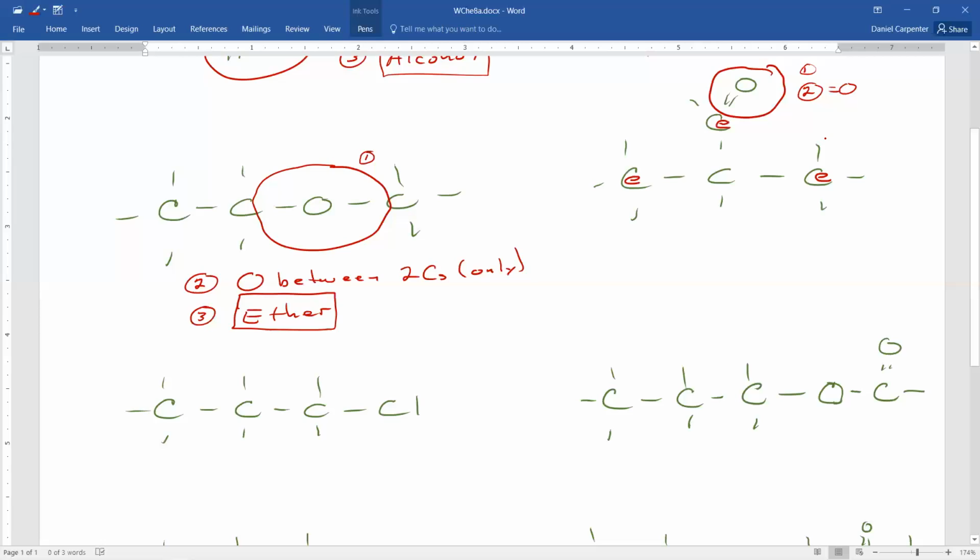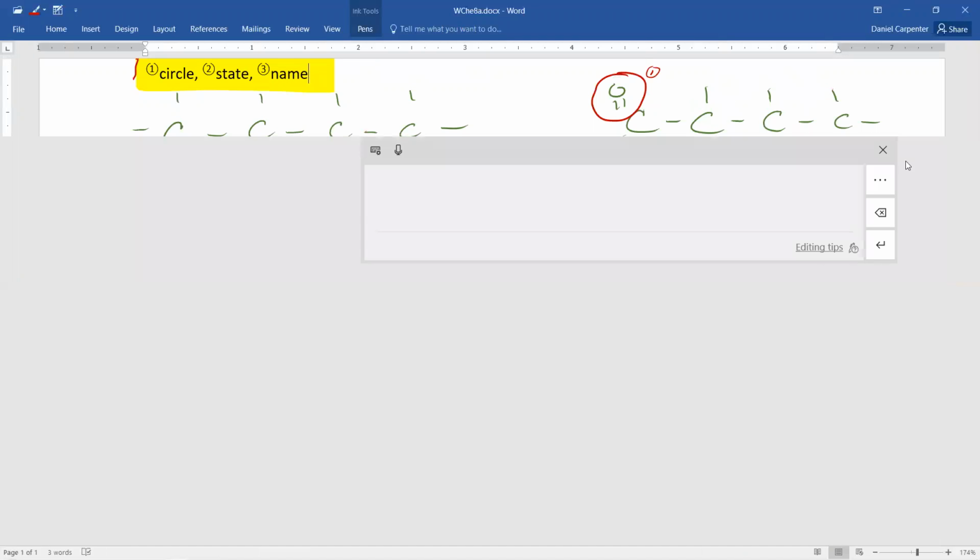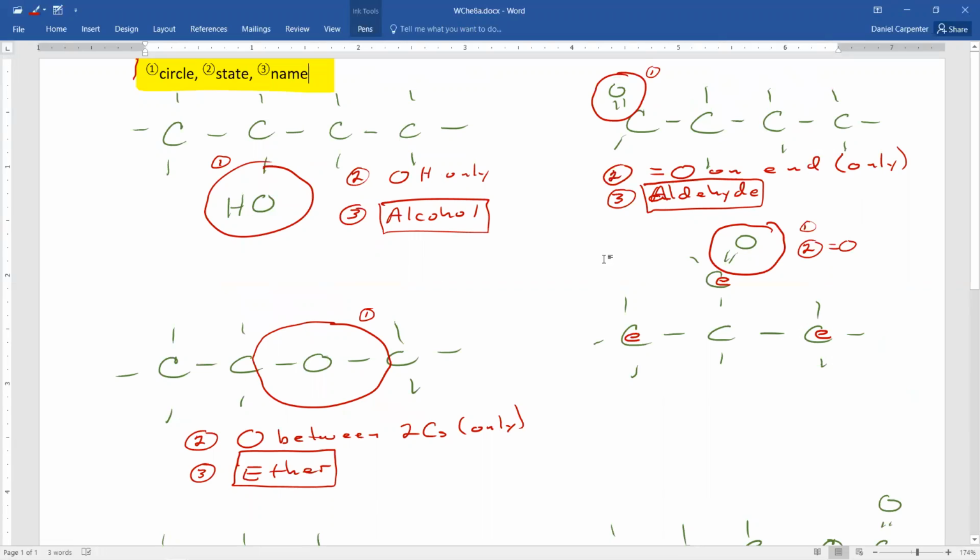Now, every year people look at this and they say, but it's not on the left or right, it's in the middle. But an end carbon is a carbon that's only attached to one other. If I could take this whole picture and rotate it 90 degrees clockwise, then this C would be over here.